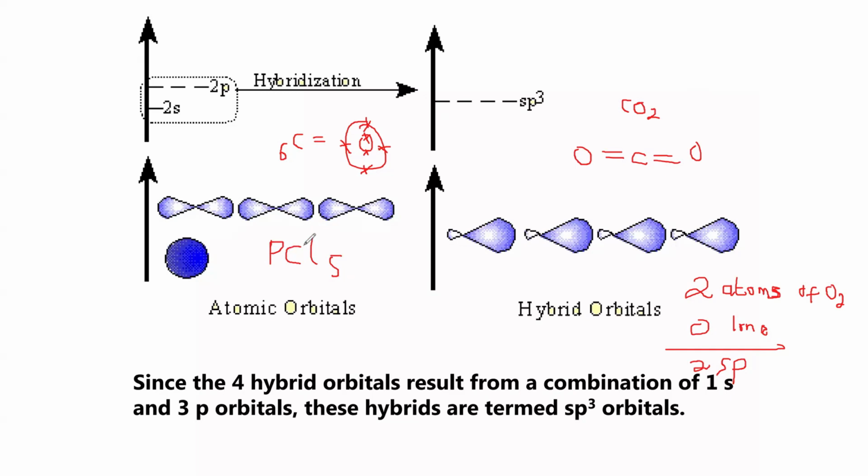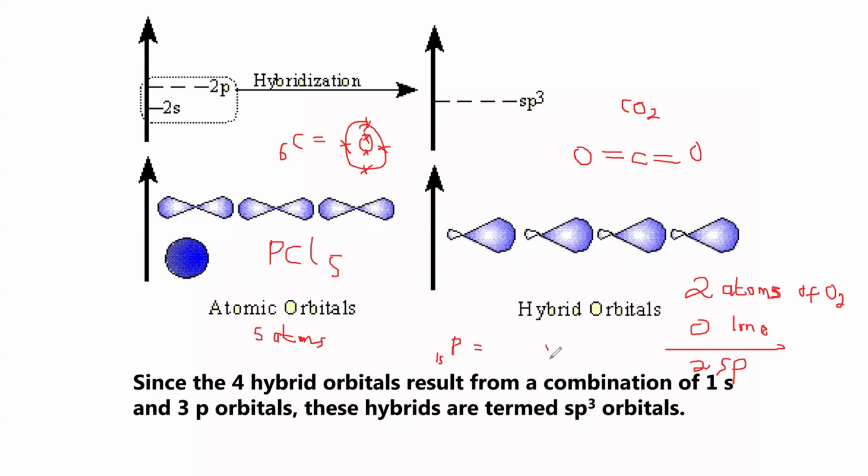From here you can clearly see that 5 atoms of chlorine are directly attached to phosphorus. So it means that we have 5 atoms, and then we check if the phosphorus has any lone pair of electrons. So now what are we going to do? Remember that phosphorus has an atomic number of 15.